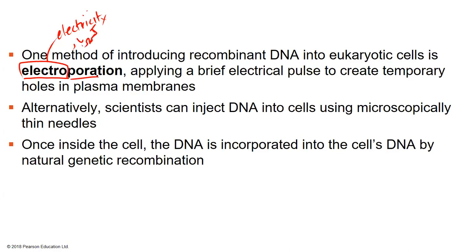Poration, this is from pores, ثقوب. So in this technique, electricity will be used to make pores in the membrane of eukaryotic cells through which the recombinant DNA or the expression vectors can be introduced into the eukaryotic cells.